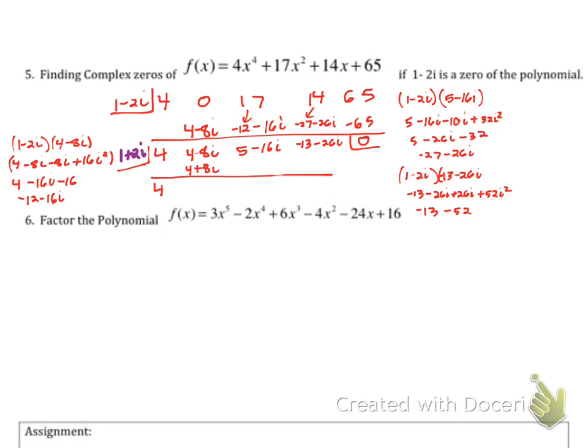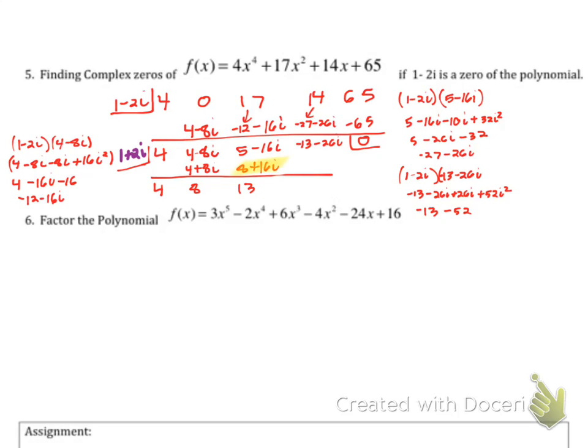Now, with conjugate complex numbers, you have a conjugate pair. The second one, 1 plus 2i, as it works through in synthetic division, we mentioned in class, gives real number results, and this is the magic of the problem. As I multiply 1 plus 2i times 4, 4 plus 8i is the first result, add down, the i's cancel, so it's just 4 plus 4. Do it again: 8 times 1 plus 2i is 8 plus 16i.